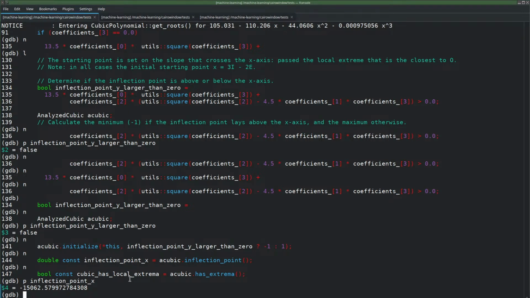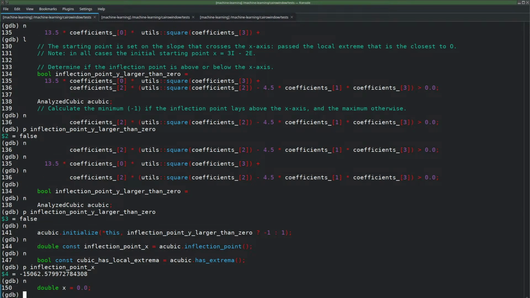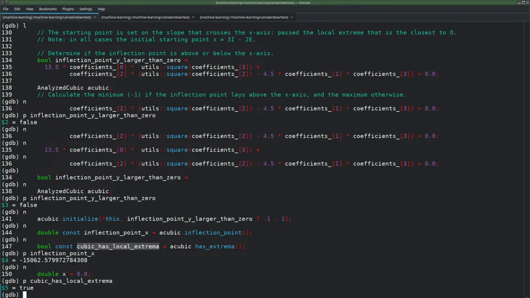It does have local extrema, absolutely. So I can print get extreme, which is the maximum, because we passed the 1 here.